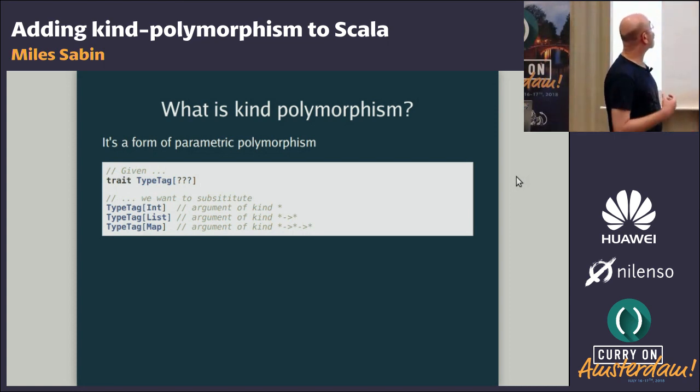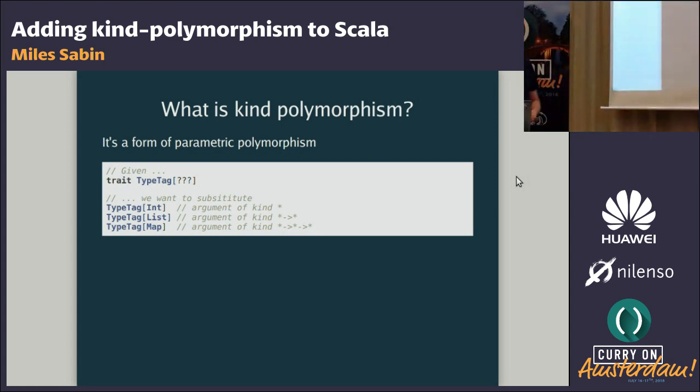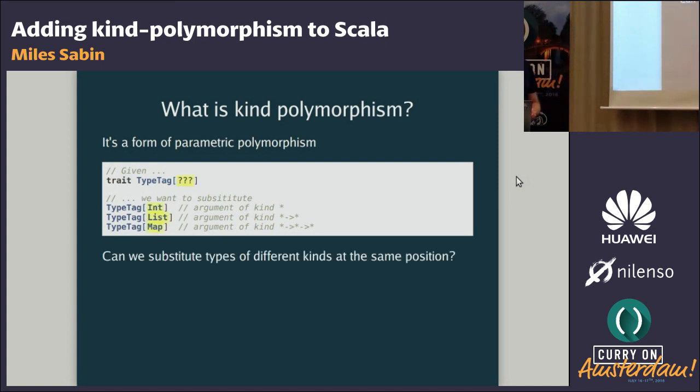We'd like to be able to find the type representation of, say, an int, list, which is a type with a hole in it, map, which is a type with 2 holes in it. So the question there is, what might we put in the place in the type tag trait that would allow us to do that?